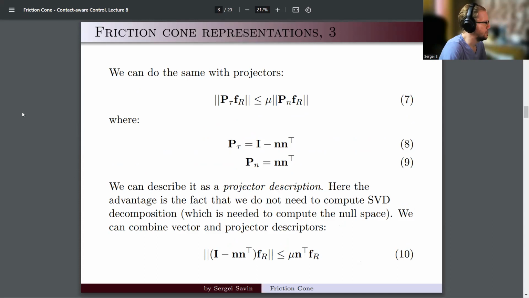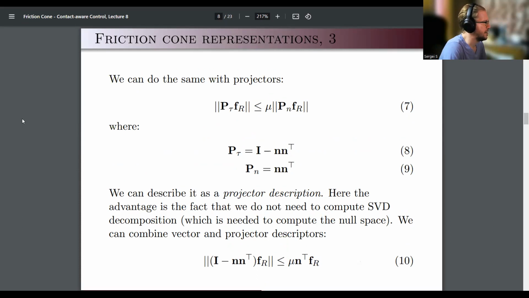Now, another way to do it is by considering projections. I can say here's a projector of FR, the projector onto the tangent space. So P tau is the projector on the tangent space. It projects FR onto the tangent space, so it flattens it onto the tangential plane.